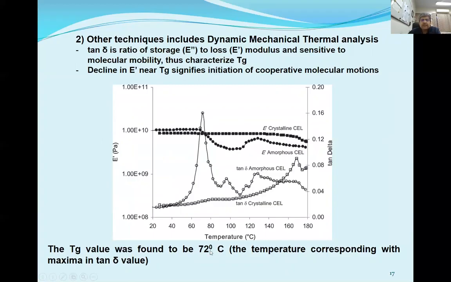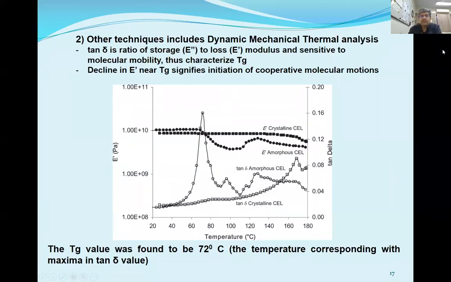Now, if I remember correctly, the glass transition temperature of amorphous celecoxib, if you determine it by DSC, is somewhere around 60 degrees Celsius. Whereas here you see that it is occurring at a temperature which is much higher than the calorimetric glass transition temperature. So it again highlights that if you change the analytical tool for the determination of the Tg, the value of Tg that you get is going to be different. It could be slightly different and sometimes it could be very different.